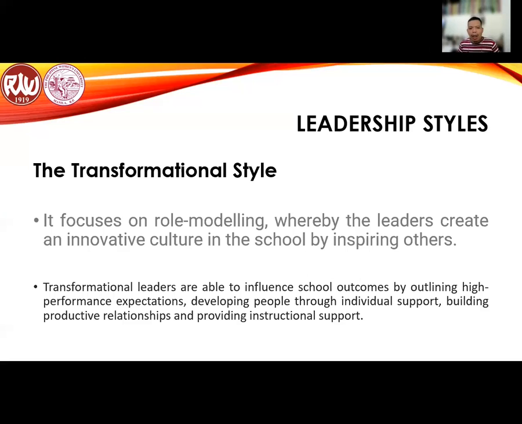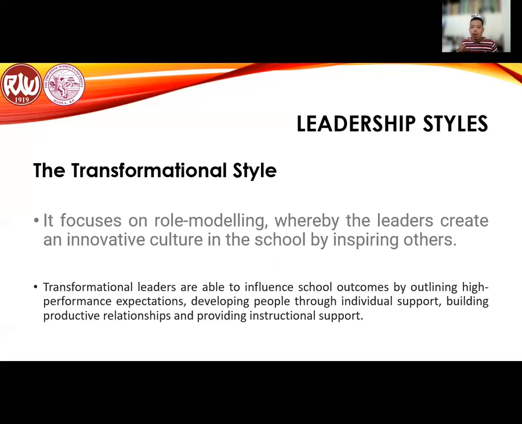The other style is the transformational style. Transformational leadership style. This one is a very effective leadership style. It is a very effective way to not only teach, but also run a school.